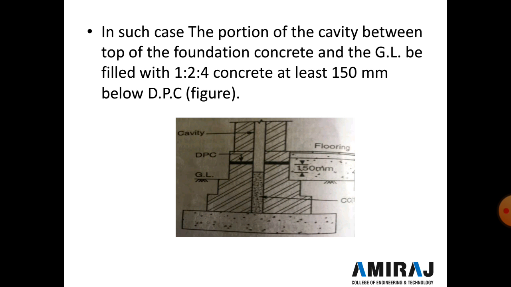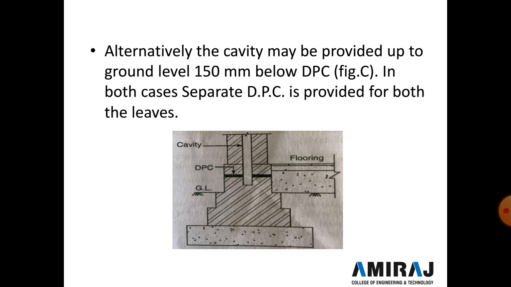In the figure, from the DPC, damp proof course, up to the damp proof course, we fill up the gap, or we fill up the cavity. Now in the alternative case, the cavity may be provided from the ground level, 150 mm below the DPC. In both cases, a separate DPC is provided for both the leaves.